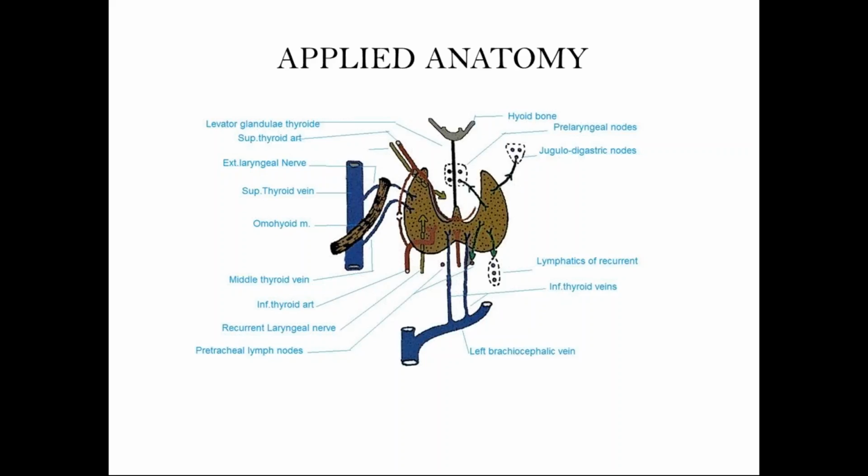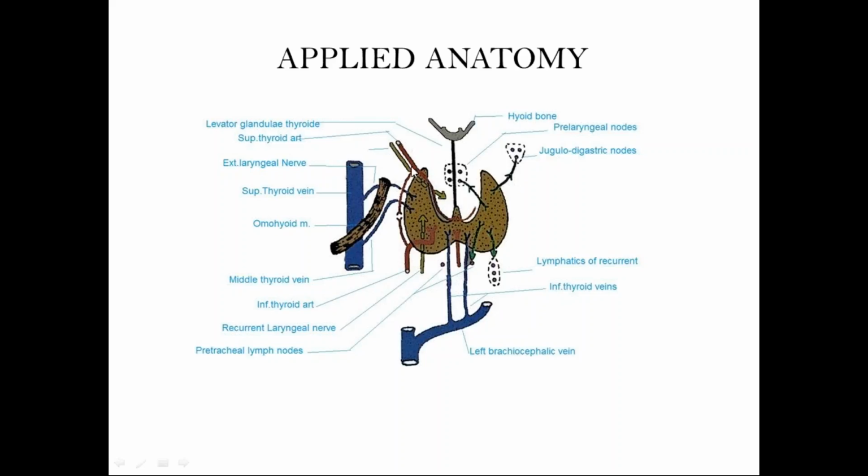If you remove the thyroid gland, there will be profuse bleeding. Now, in this picture, near the apex of the thyroid gland, the artery is running in front and the nerve is running behind.